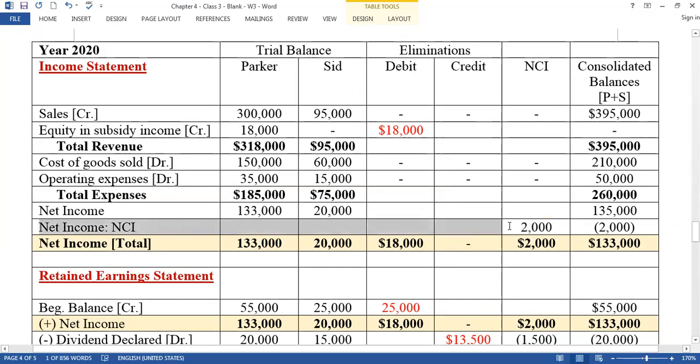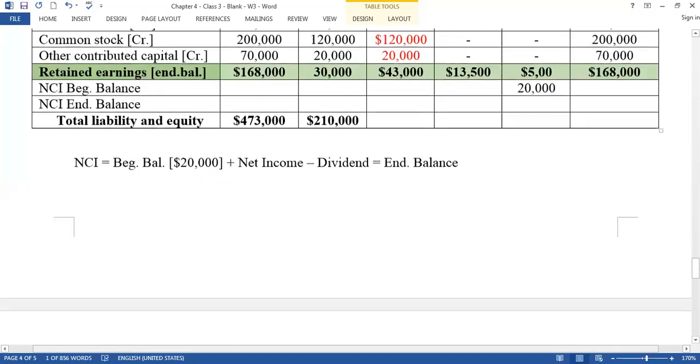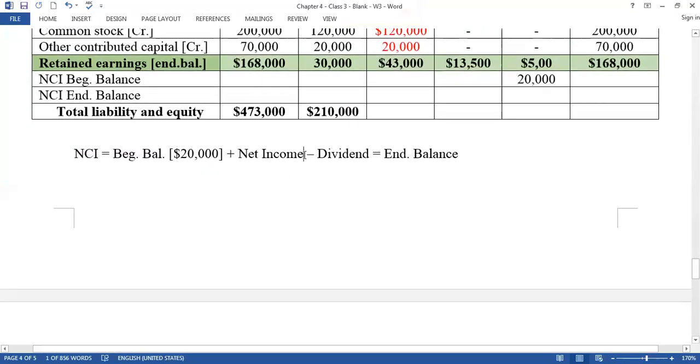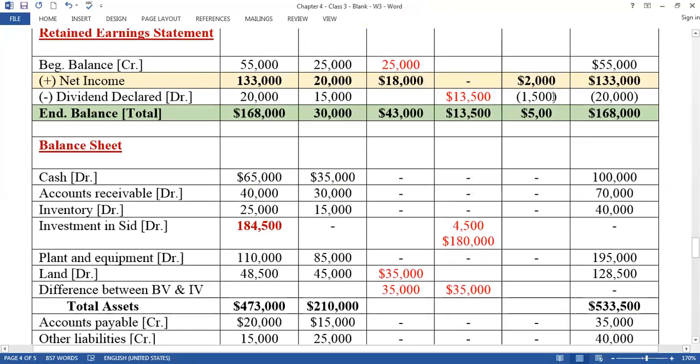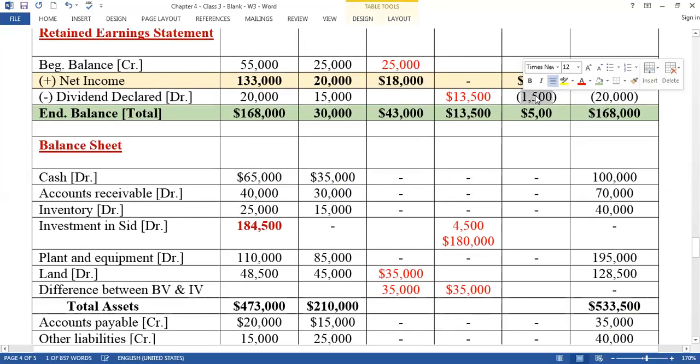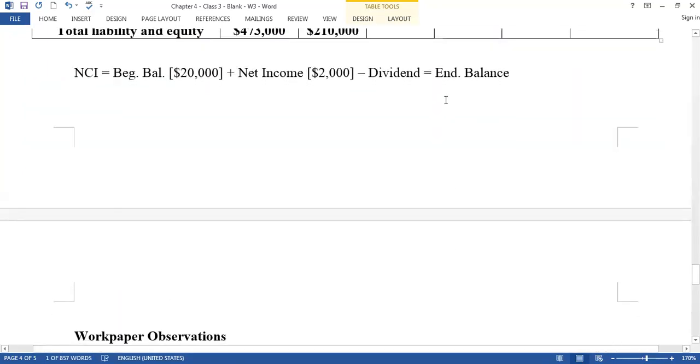And the subsidiary company declared a dividend, and 10% of that dividend is their dividend. Yes, so the dividend is 1,500.